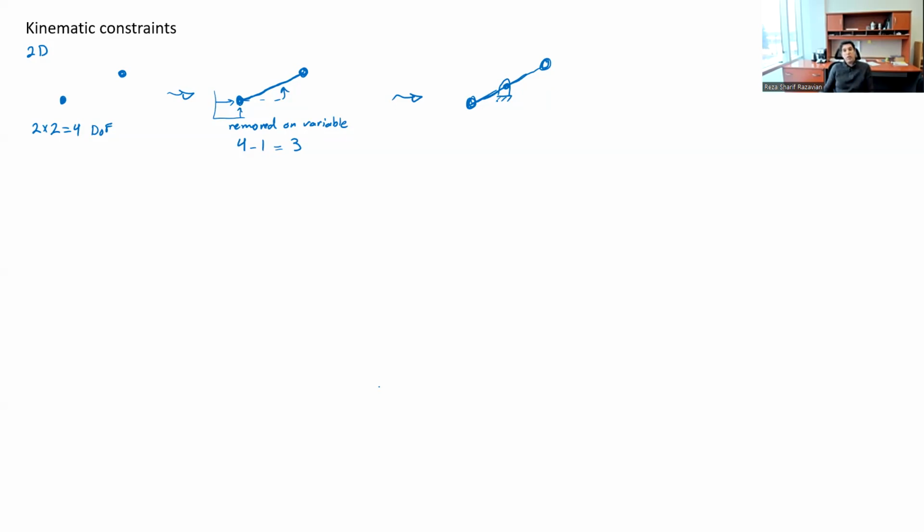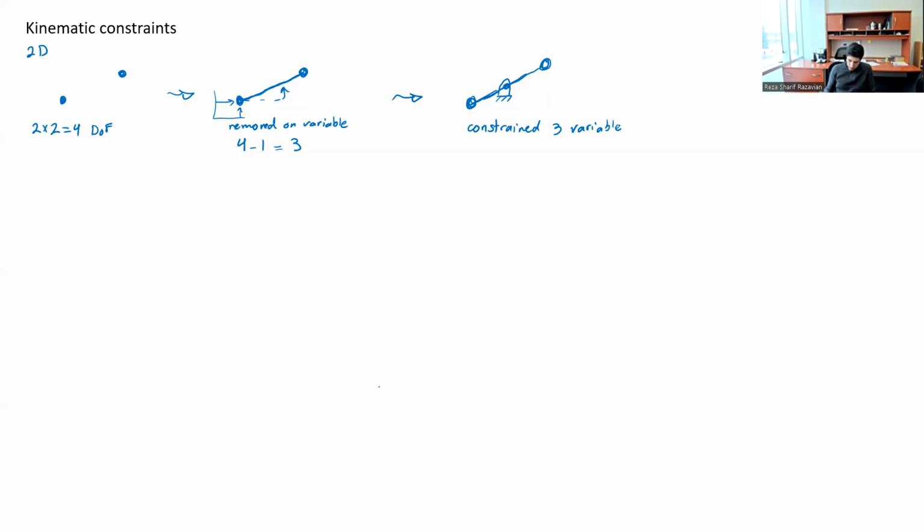The idea of constraint, how you view them, is not unique either. So with this, what I have done, I have constrained 3 variables. So what are those?